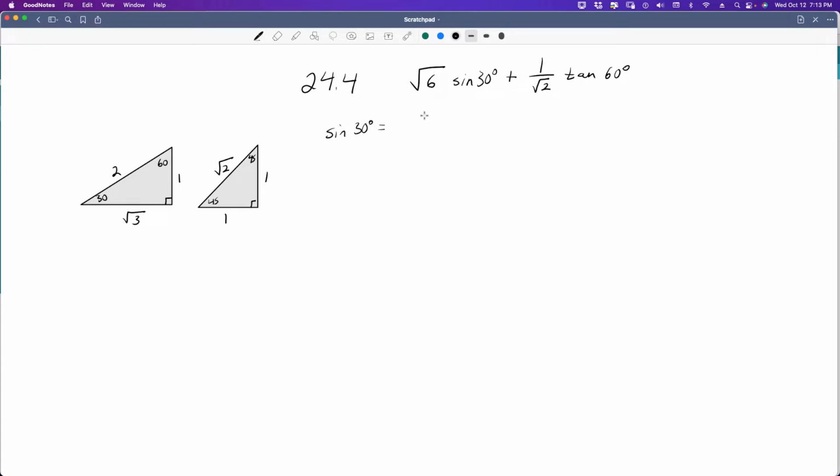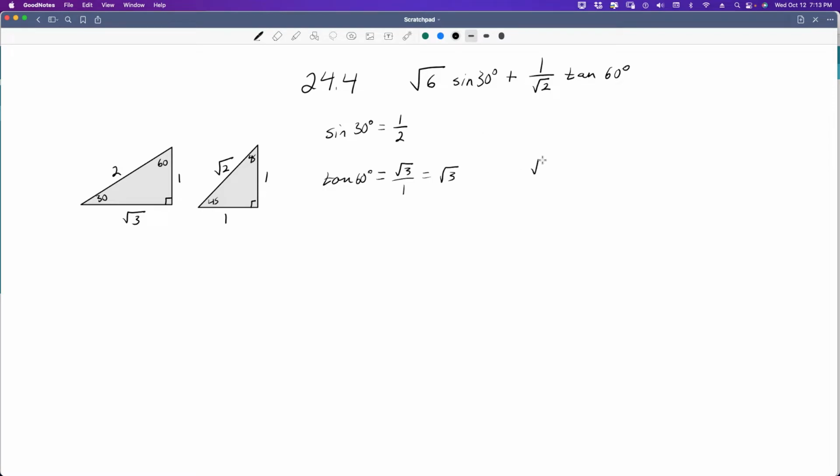That's going to be 1 over 2 because it's opposite over hypotenuse. All right, and then the tan of 60 degrees, that's going to be the opposite over the adjacent. So the opposite over the adjacent, that's going to be the square root of 3 over 1. So that's just going to equal the square root of 3.